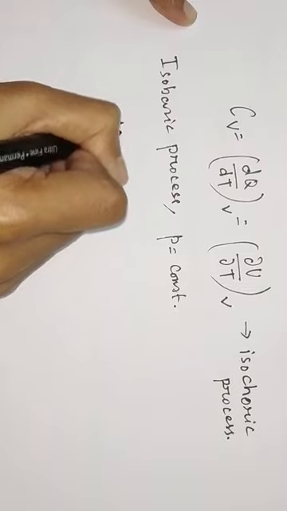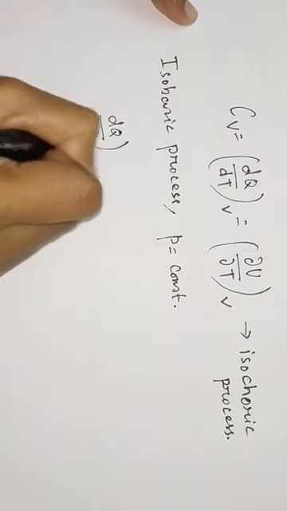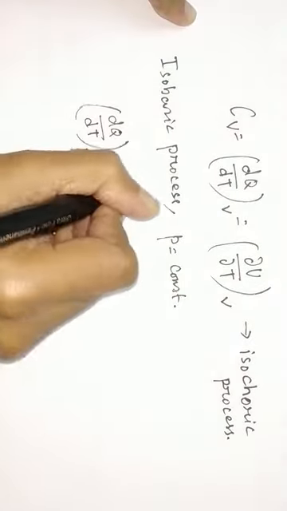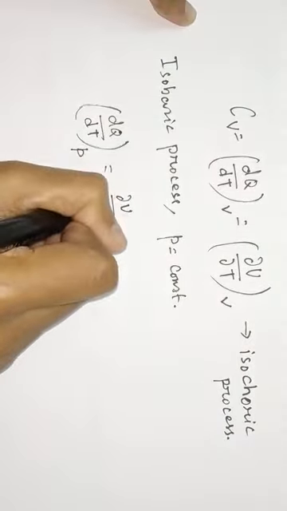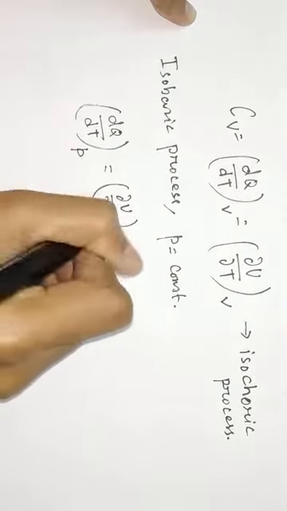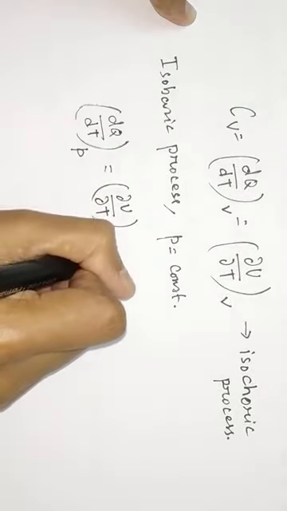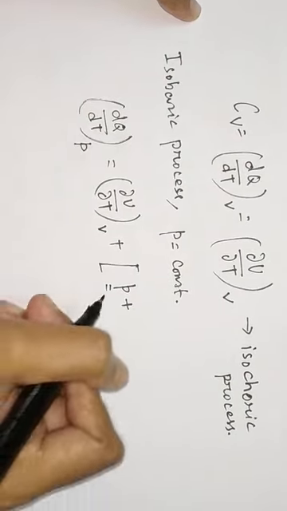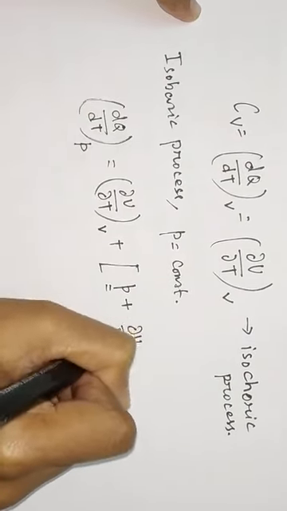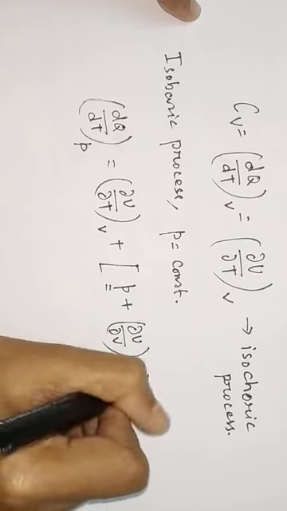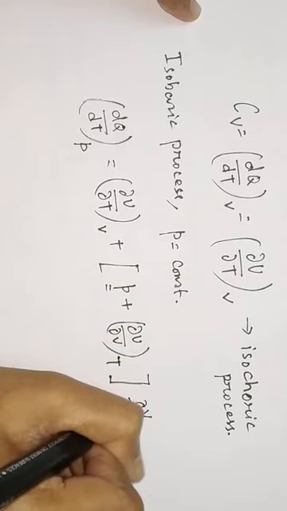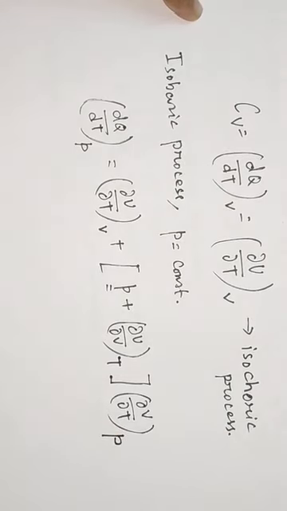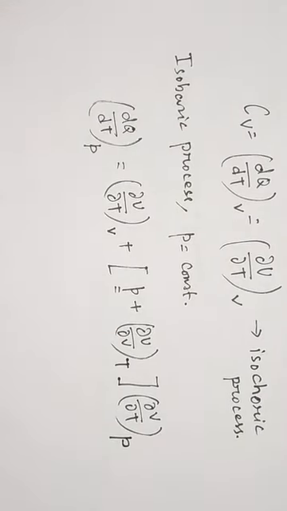On the left hand side we will have dq/dT, now at constant P. On the right hand side, now none of the terms will be 0, since the pressure is constant. We have del U/del V at constant T into del V/del T, now at constant P.